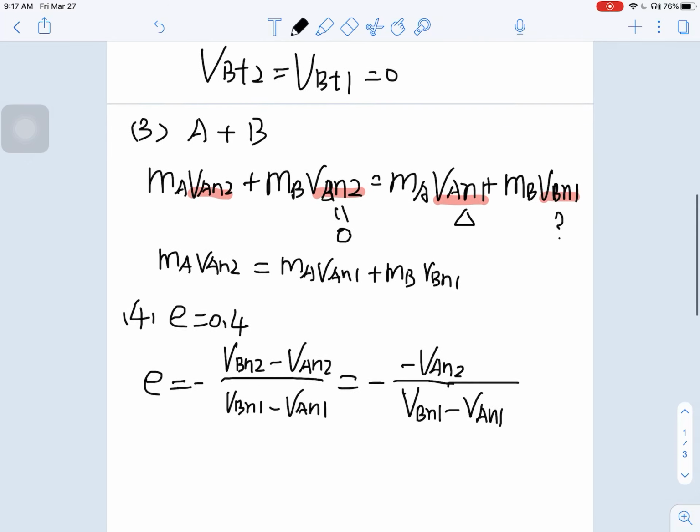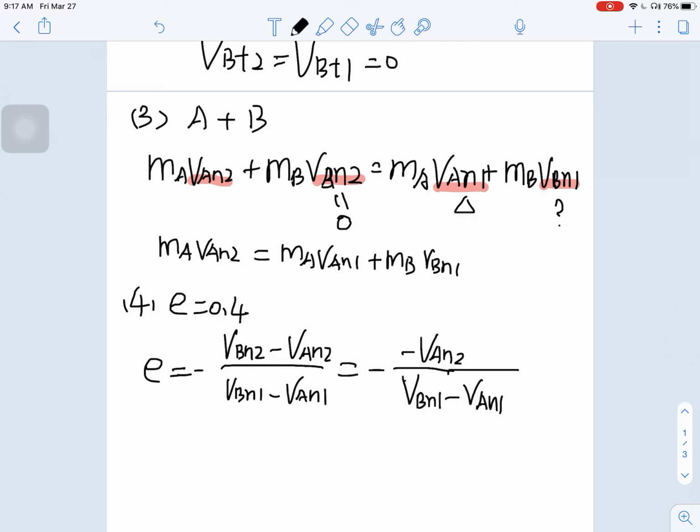Since we know e, we can write VAn2 in terms of e: VAn2 equals e times VBn1 minus VAn1.